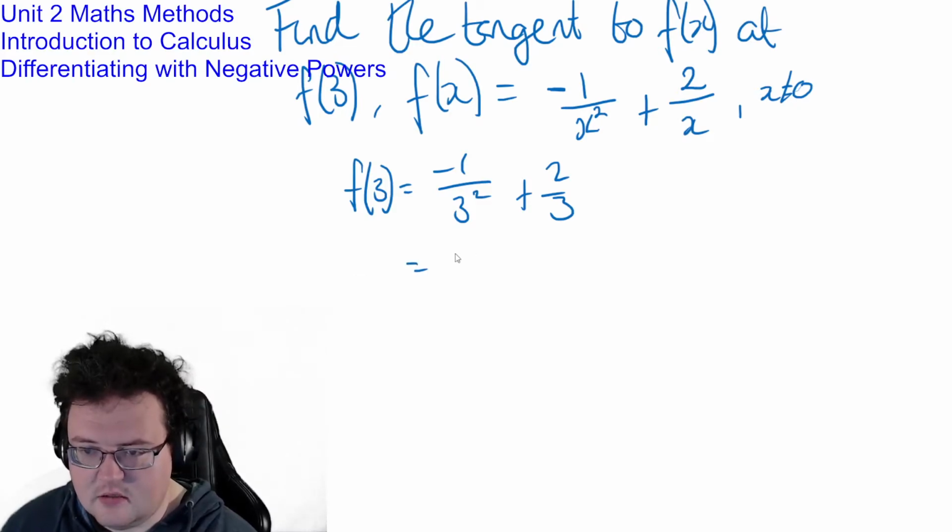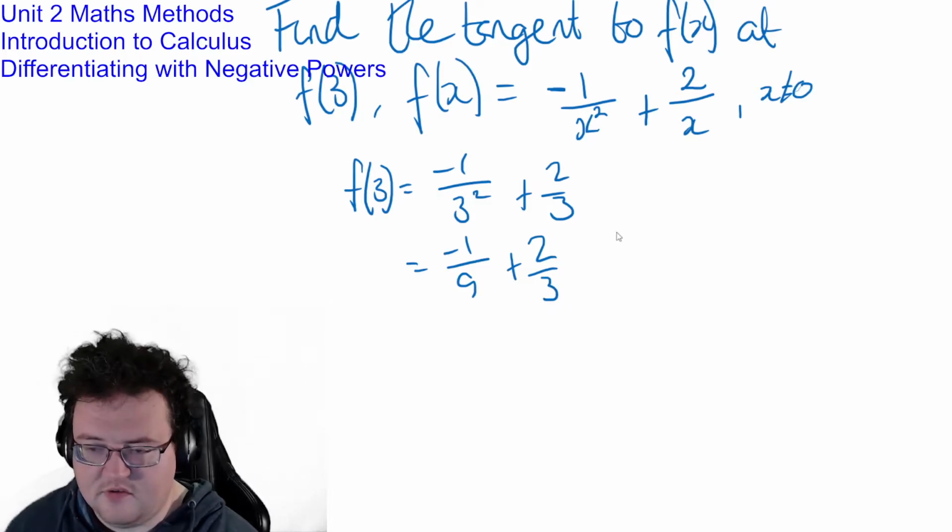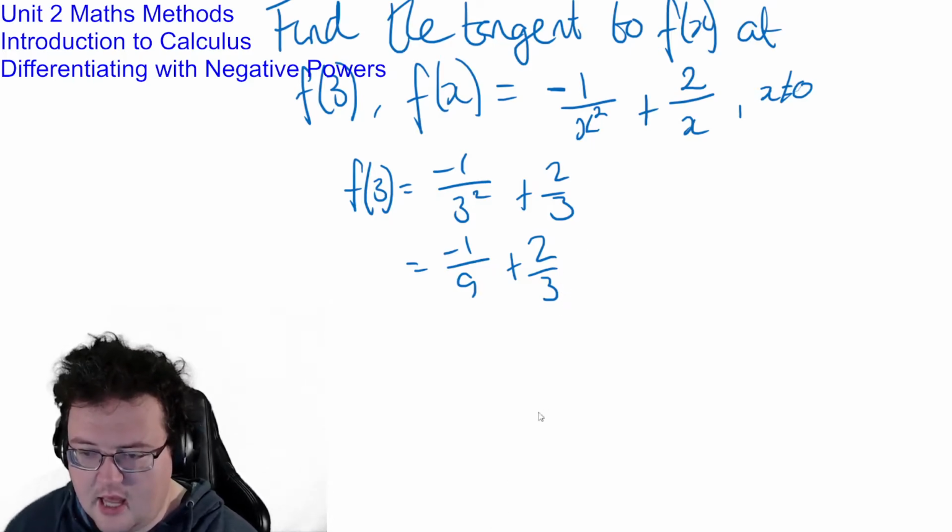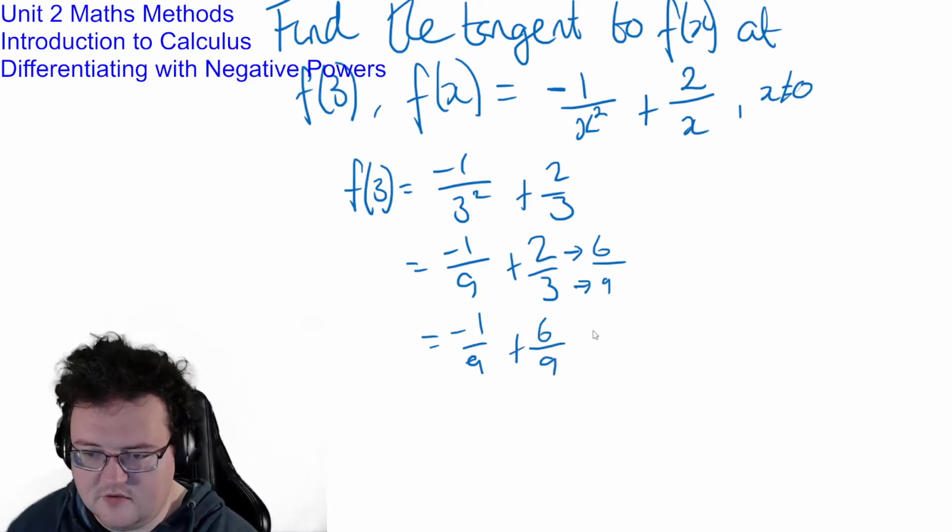So that is -1 on 9 plus 2 over 3. Now 2 over 3 happens to be 6 over 9. So I just multiply all the numbers by 3. So that means I have -1 over 9 plus 6 over 9, which becomes 5 over 9.